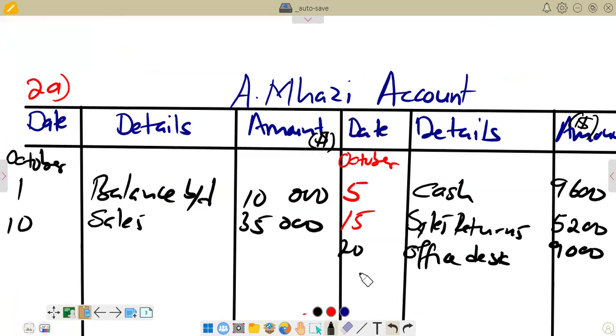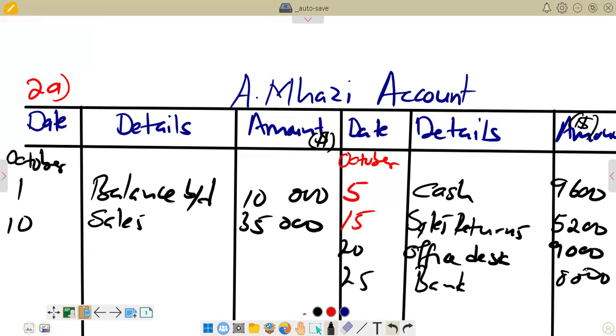The date is 25. On the details, we are saying bank. And then obviously we have our 8,000 as our amount. So this is what we have there.